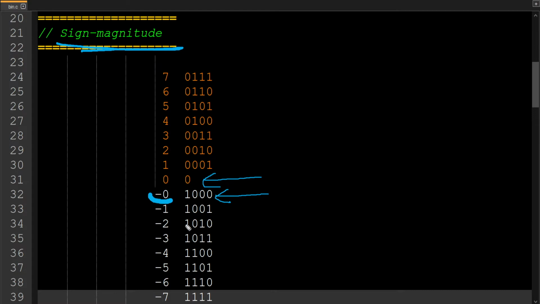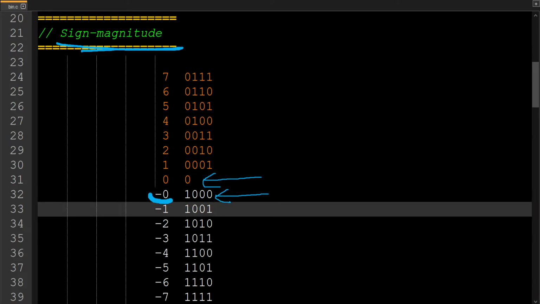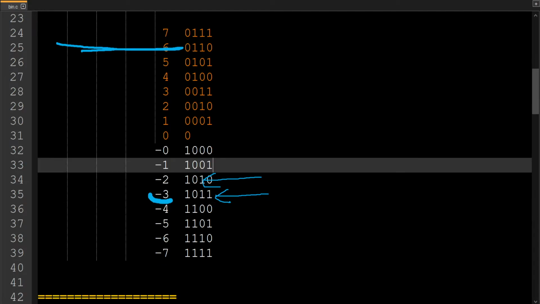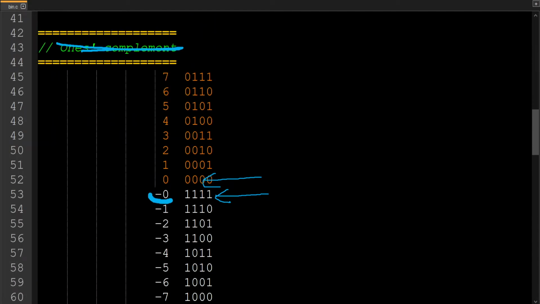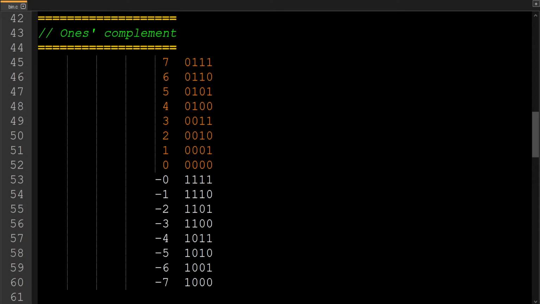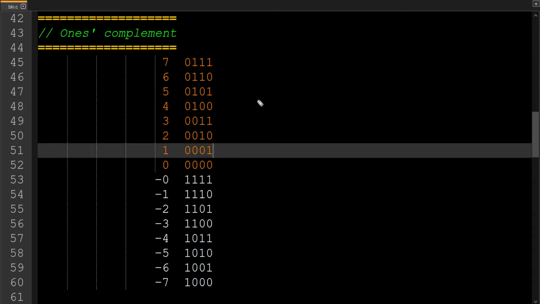Another problem is that if we calculate stuff, like make some operations like plus, minus, it's also not effective. So what people thought, they got a new system which is called ones complement. And what does ones complement mean?